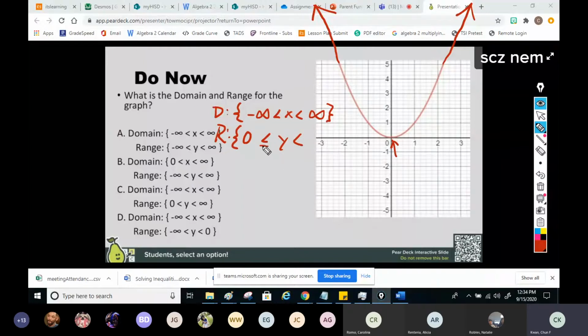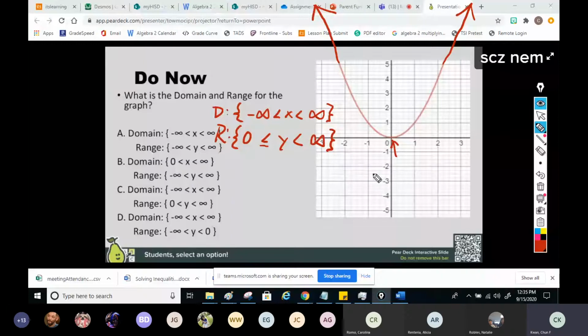We'll put a line right here because there is no open circle. If there is no open circle, we'll assume that it is a closed circle. So we'll put the equal to right here. And then how high does it go? Both ends of the graph are going to keep going higher and higher and higher, and it never stops. So it will be positive infinity. Okay, so this is how you find the domain and range.